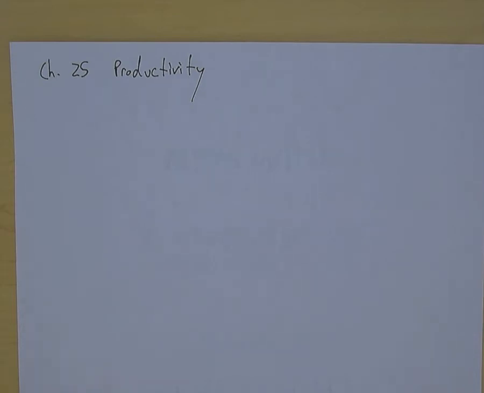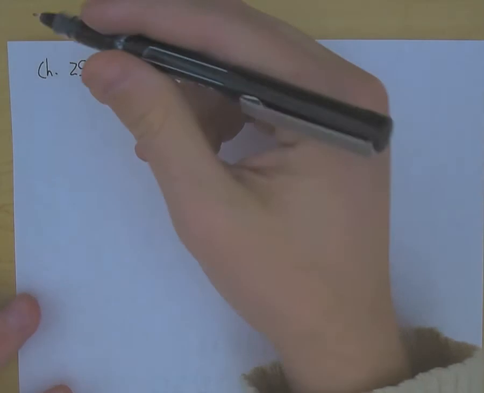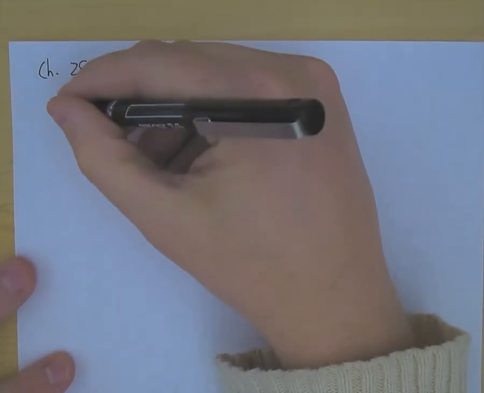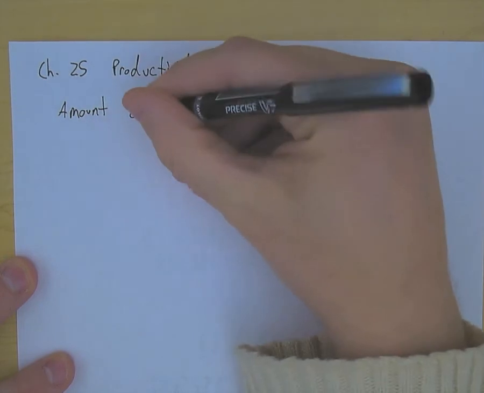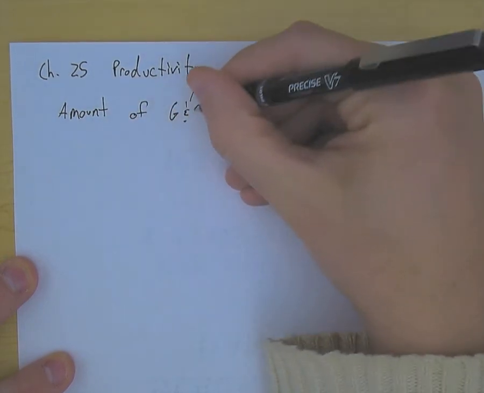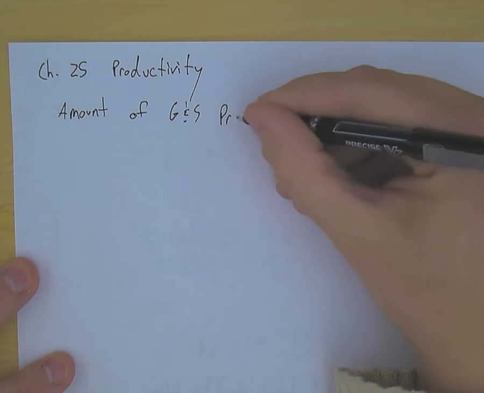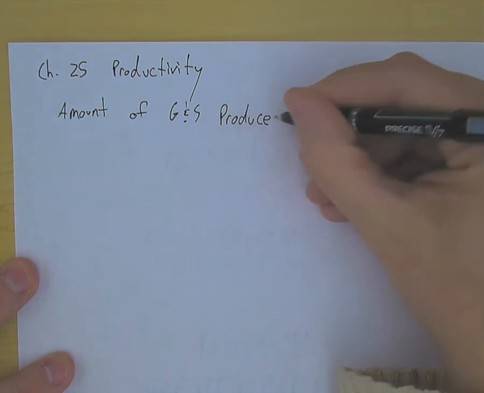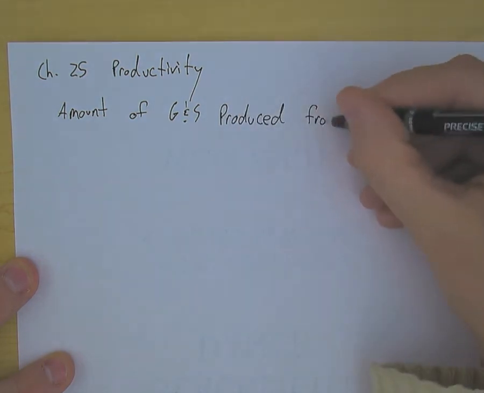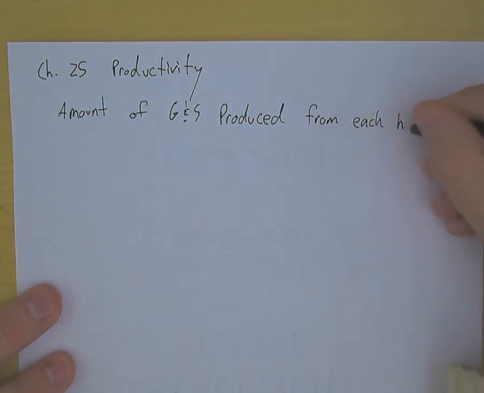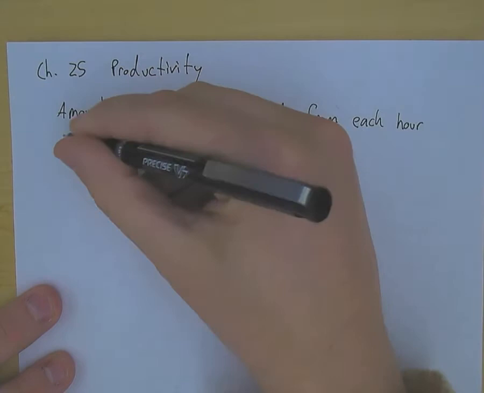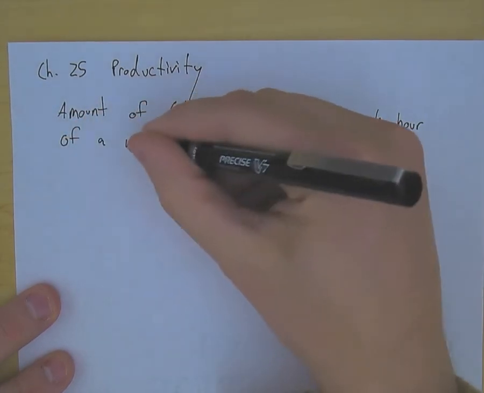This chapter is all about productivity, and the simple definition of this is the amount of goods and services, which I'll just label G and S, produced from each hour of a worker's time.